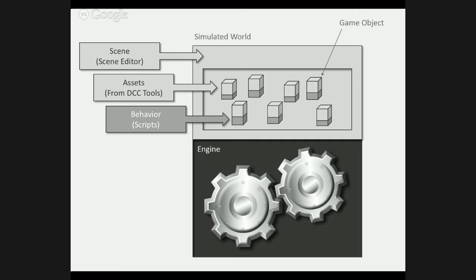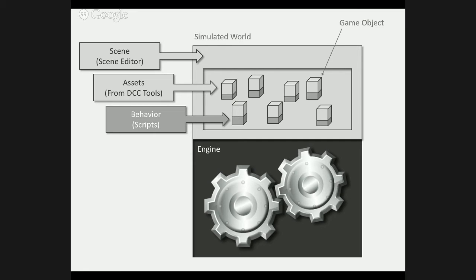It's usually called a scene, and you're usually using what is called a scene editor to bring these things together. So if you're using a game engine, it often comes with a scene editor, and in the scene editor you bring all the objects together. So anything unclear about this high-level picture?